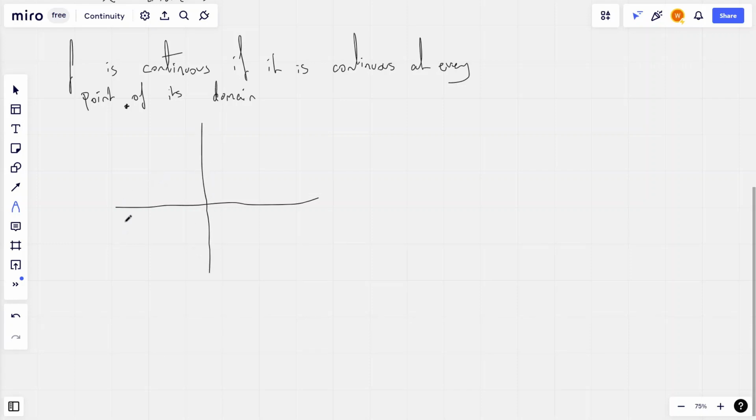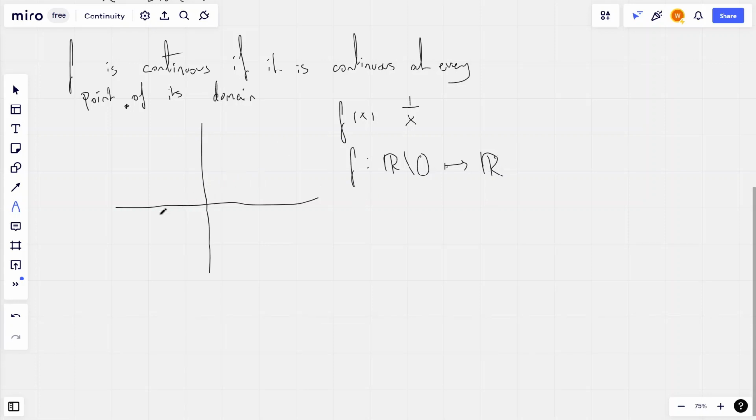We said that if a function can be drawn without taking our pencil off the page, it is continuous. But this is not entirely true, because let's consider f of x equals 1 over x. This is a function mapping from the reals without 0, because it's not defined at 0, to the reals themselves.